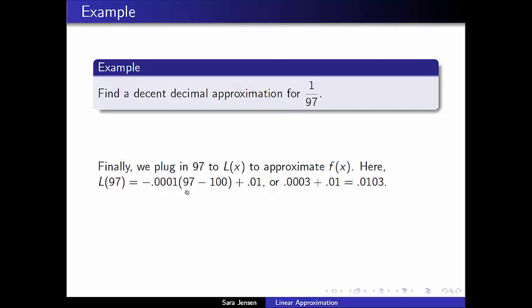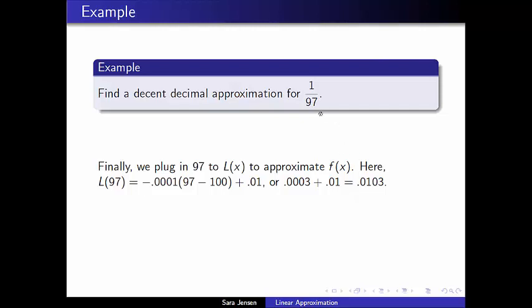We plug in this 97 in order to find this larger difference in x right here, and when we perform this computation, we end up with 0.0003 plus 0.01, or altogether 0.0103, as our tangent line approximation for 1 over 97.